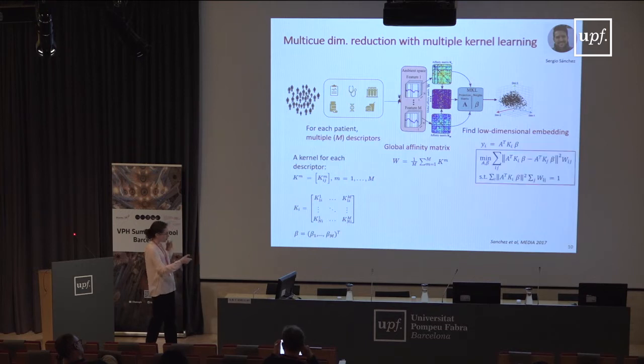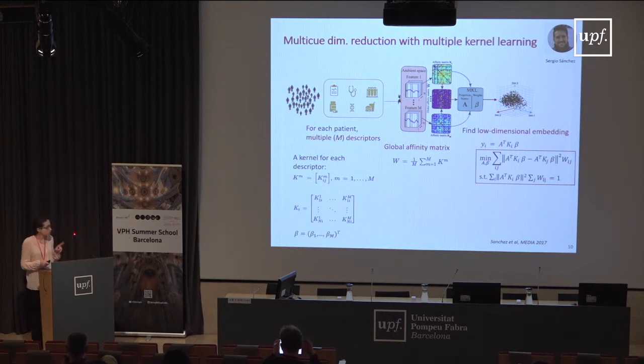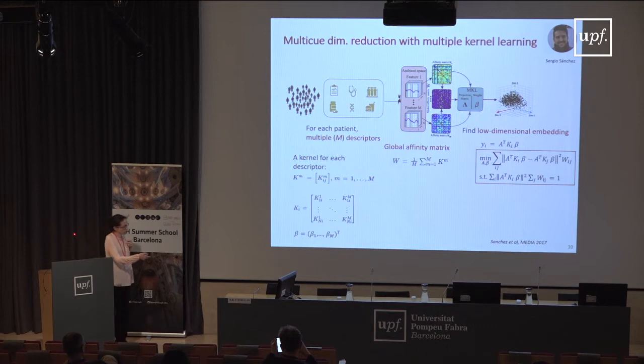Okay? So instead of the previous equation, now I have this equation where there are two unknowns, which are the projection matrix A and the beta, the weight combination.